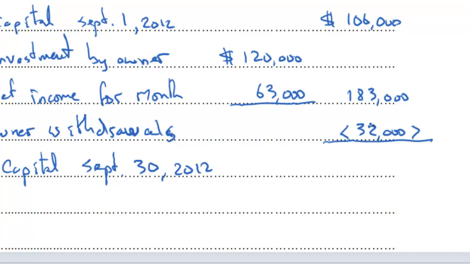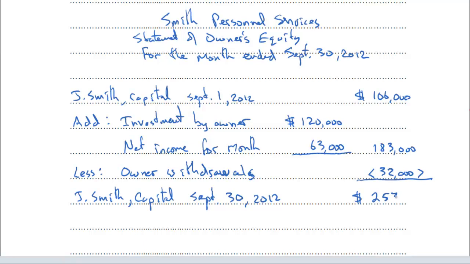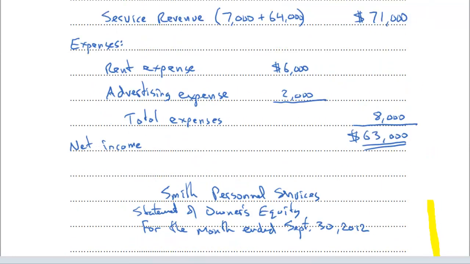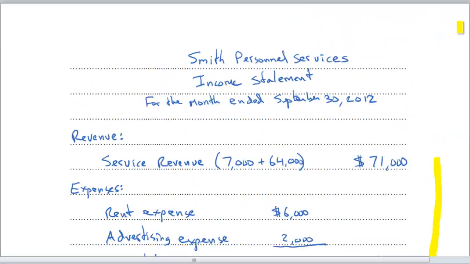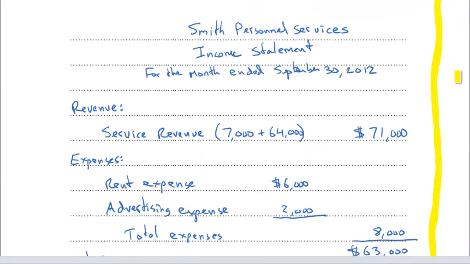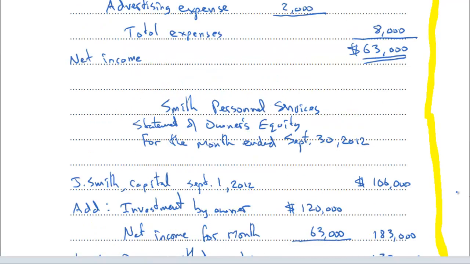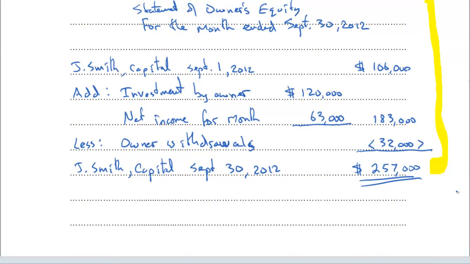And if we do the math, look at that. $257,000. And does that amount jive with our ending balance here? Oh, look, yes, it does. Right on. So we know we've done it properly when those two things link together, right?